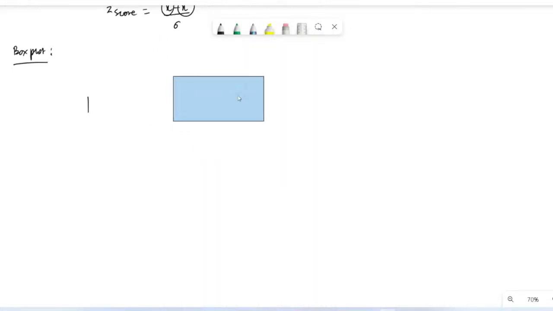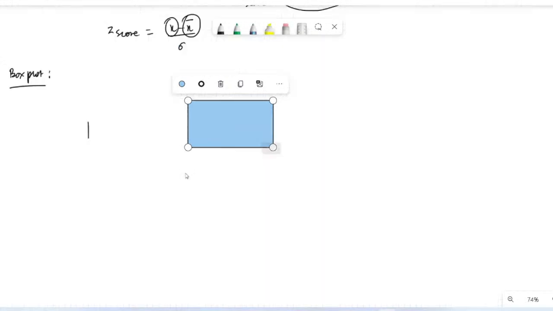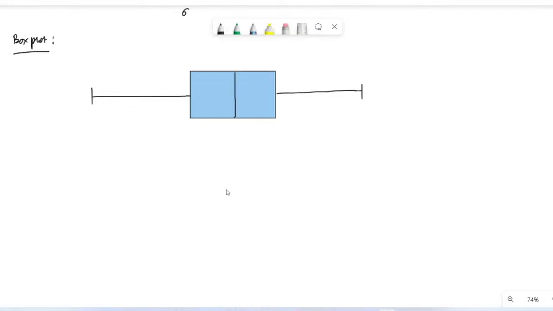Okay, so I was talking about this box plot. When you look at all these values, this particular part is used to divide your entire distribution. Here are my values. This is your middle term, and this is your other part of the distribution.